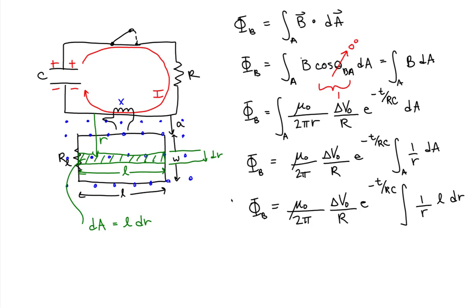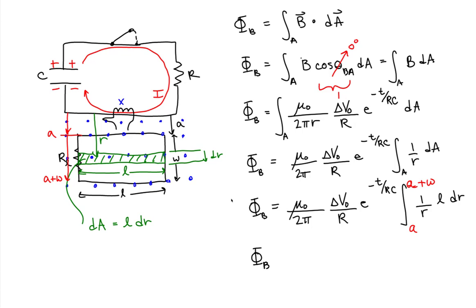Well, we're integrating over the loop. So we're integrating from a, which is the lower limit of integration, all the way to a plus w, the width of the loop, which will be the upper limit of integration.